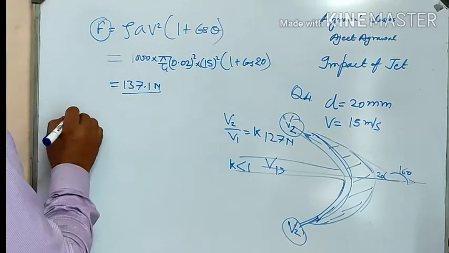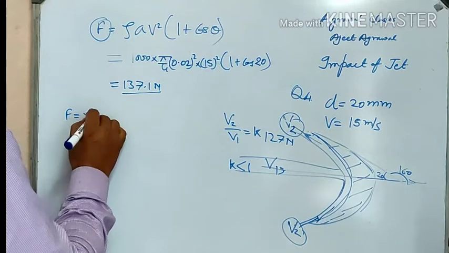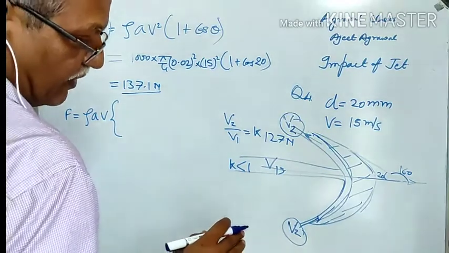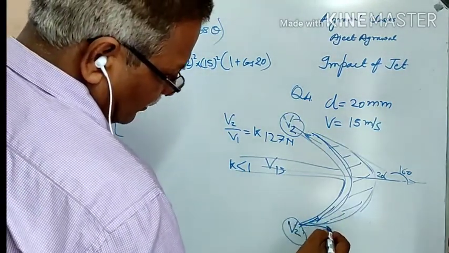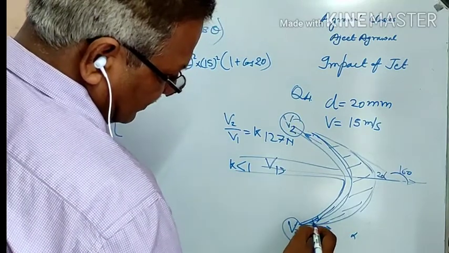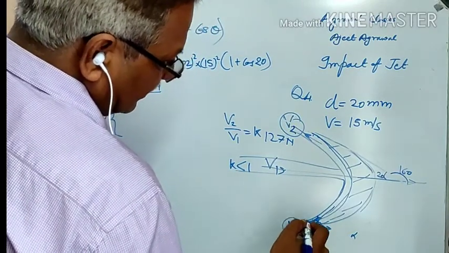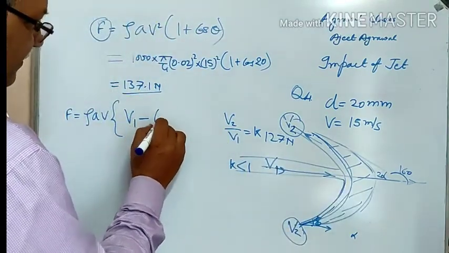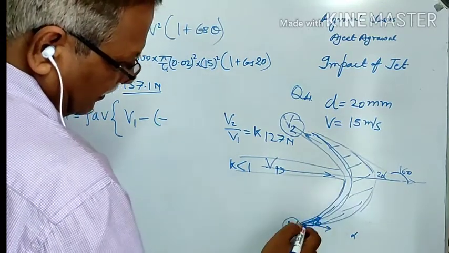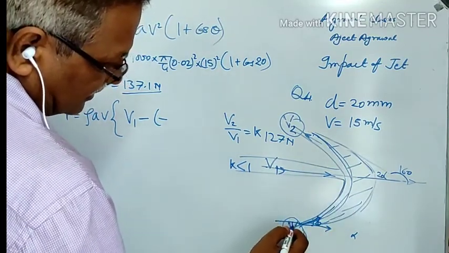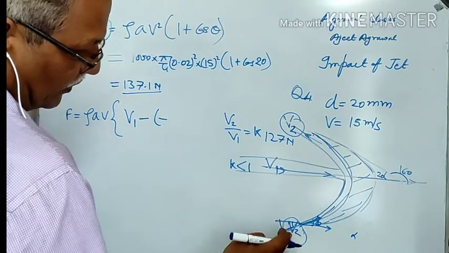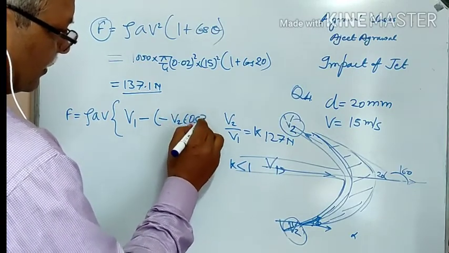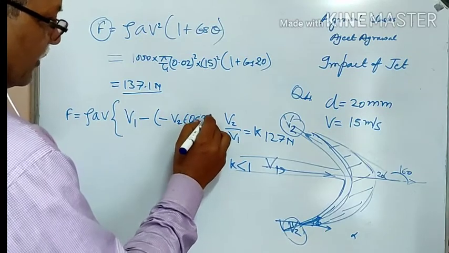In this case, we will derive the formula again. Mass flow rate multiplied by the initial velocity of the jet in x direction, which is v1, minus the final velocity: the jet is coming out in this direction and this angle is theta, so this will be v2 cos theta, that is 20 degrees.